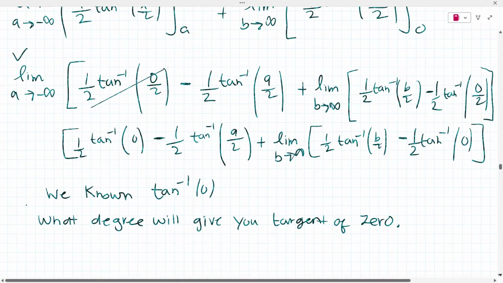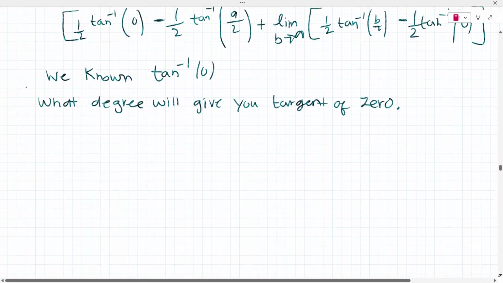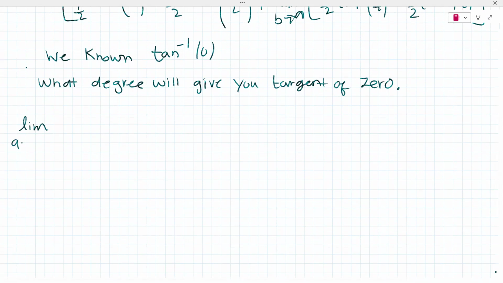So you're going to rewrite it as the limit as a approaches negative infinity of negative 1/2 tan inverse of a over 2. That's the limit.